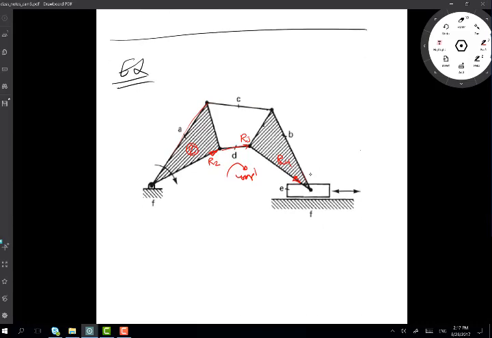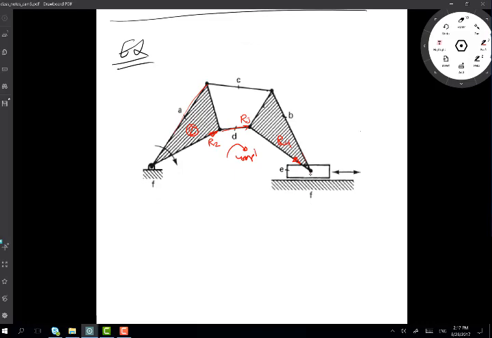So in this case the situation is different from before, and we may not be able to split it into two smaller problems and then link them together. Let's say this here would be theta 2, and let's say this angle here is constant.